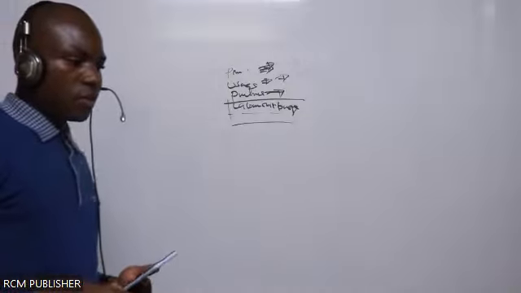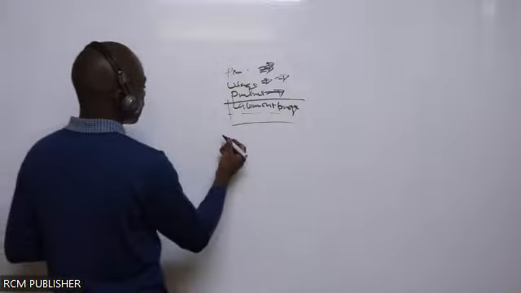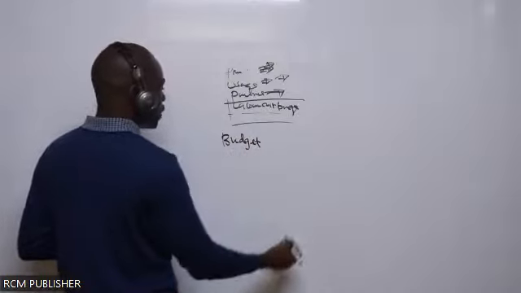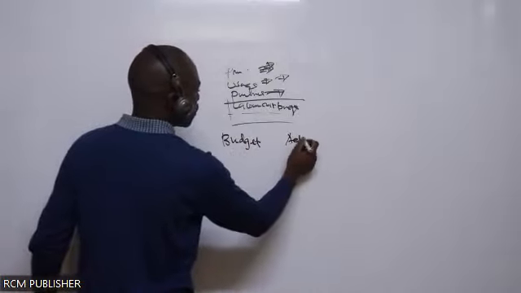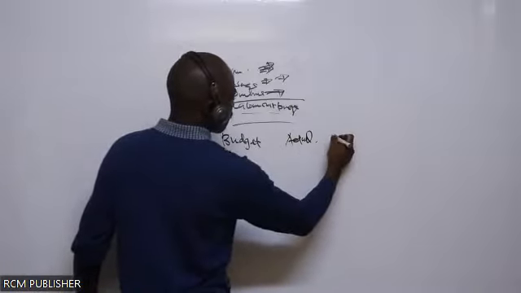So the moment you mention the objectives, you are supposed to score your marks. Serves as a basis for performance evaluation. Yes, you have a budget. You create a budget, execute it, then have your actual expenditure, then you compare the variations.